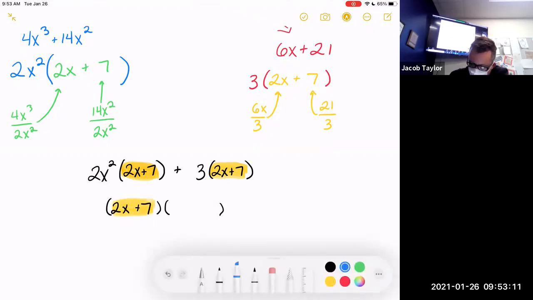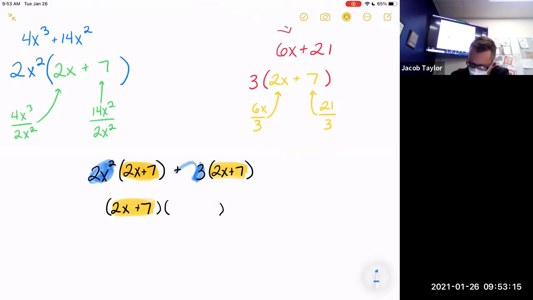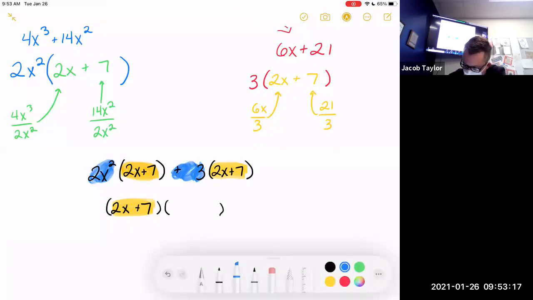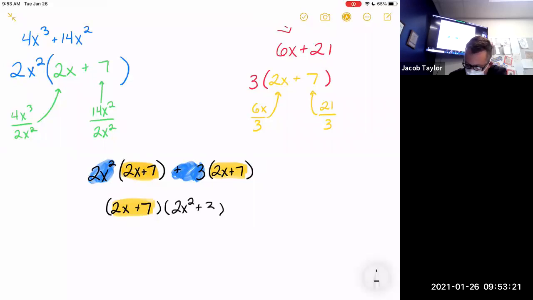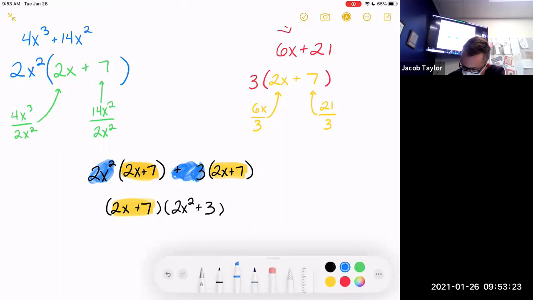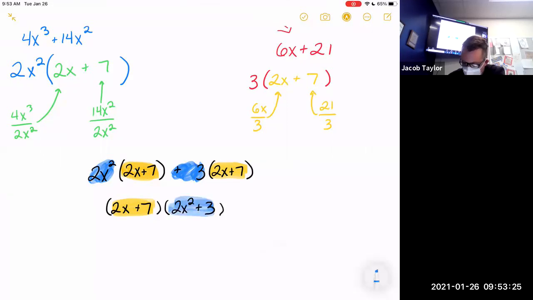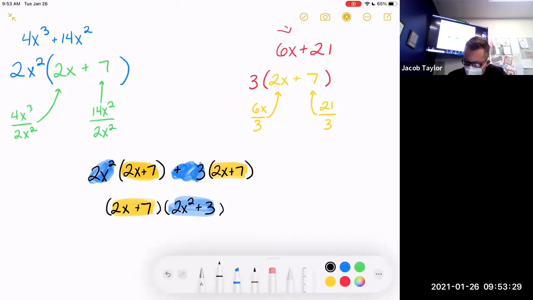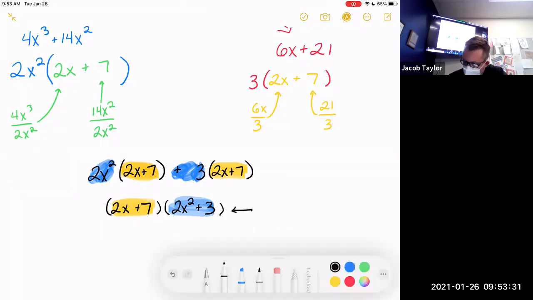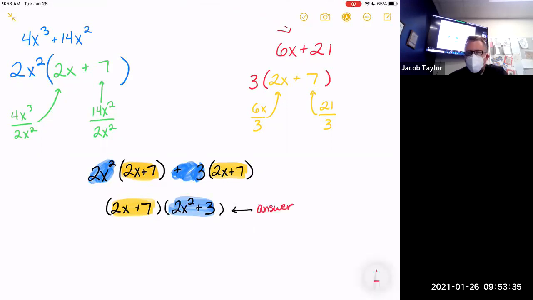The second set of parentheses is going to be the stuff that's left over outside the parentheses. 2x squared plus 3. That is my second set. And that's the answer. Those 2 sets of parentheses.